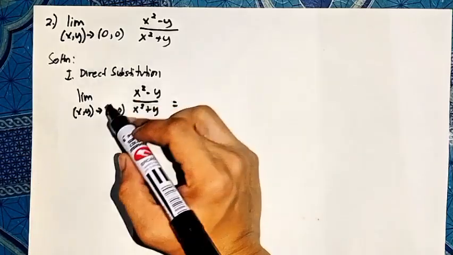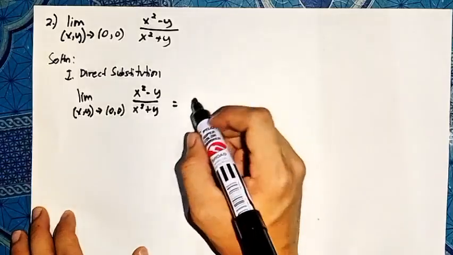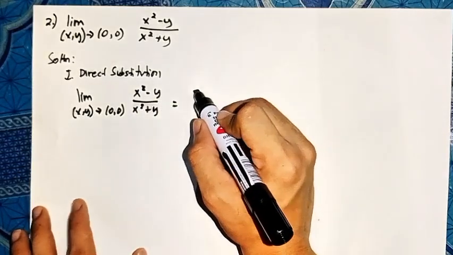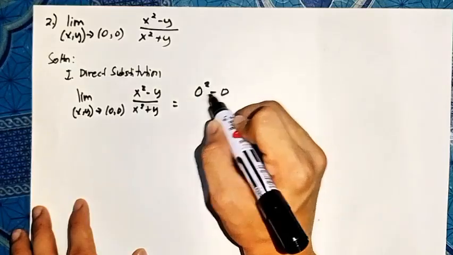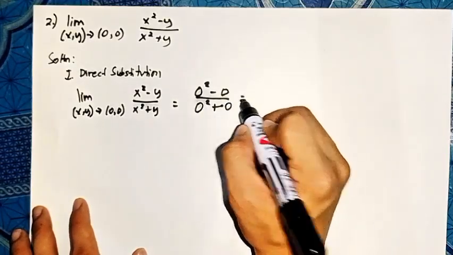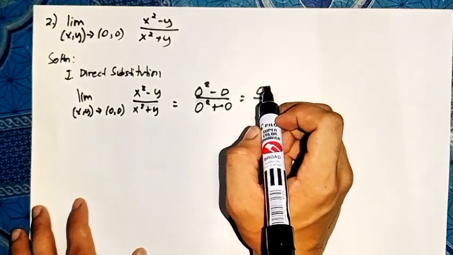Now, again, x approaches 0 and y approaches 0. So let's substitute 0 into this expression. So we have 0 squared minus 0 over 0 squared plus 0. It is 0 over 0. It is indeterminate.